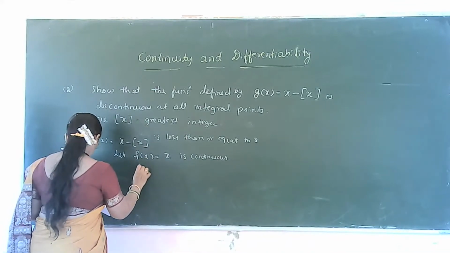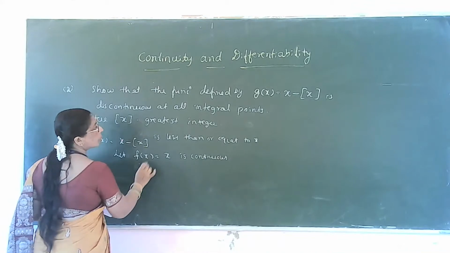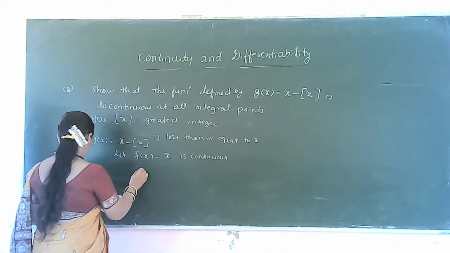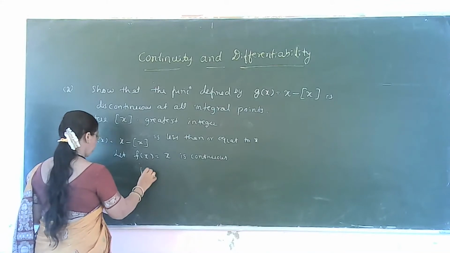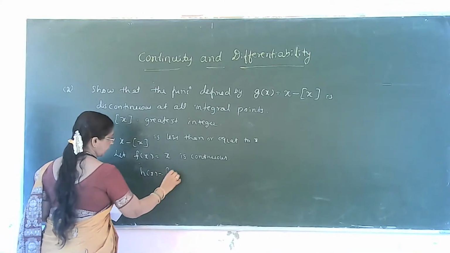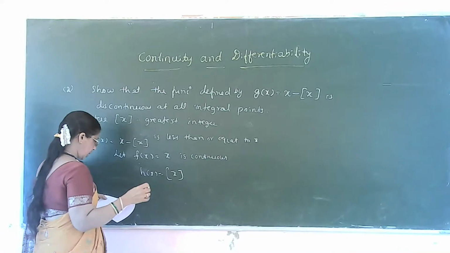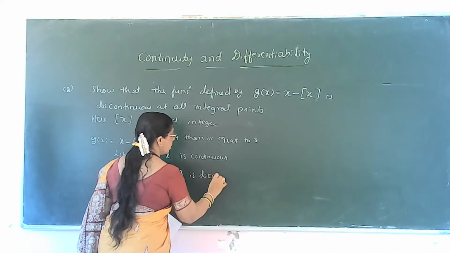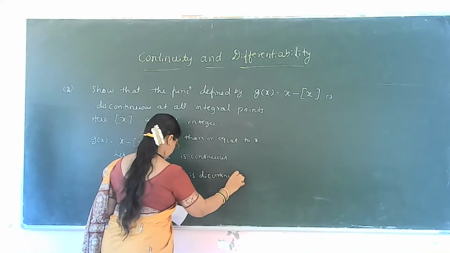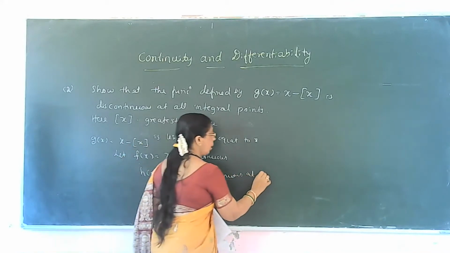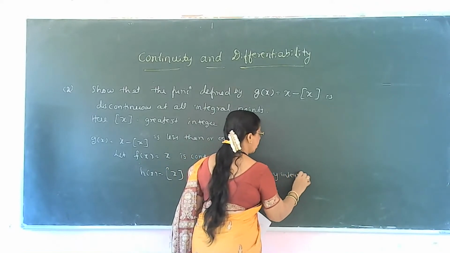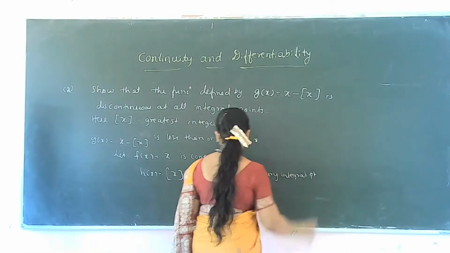Then h of x, or g of x, is equal to the greatest integer function, which is discontinuous at every integral point.